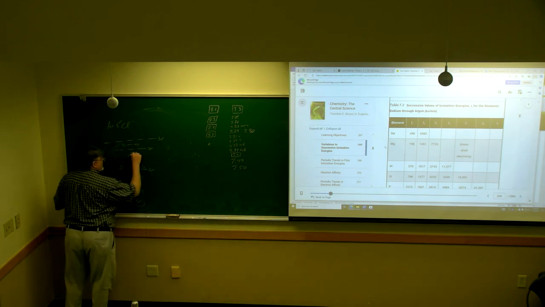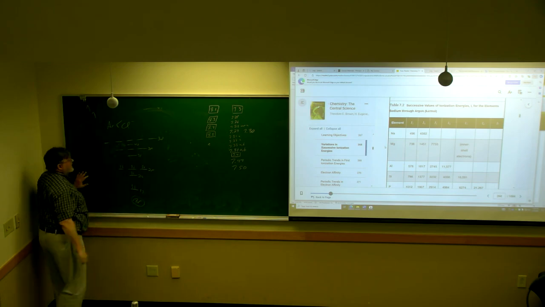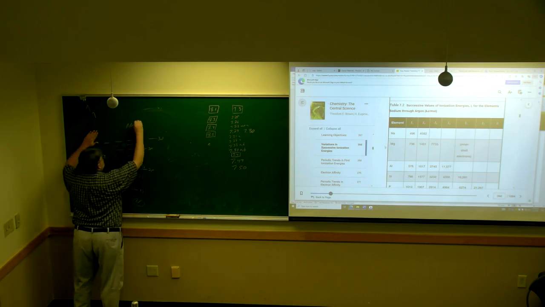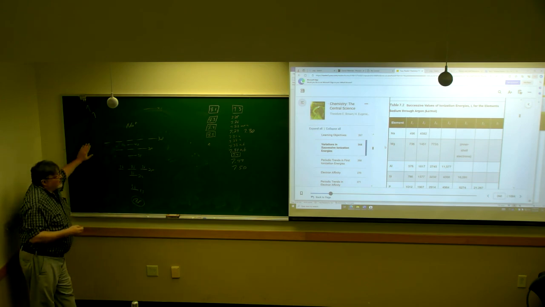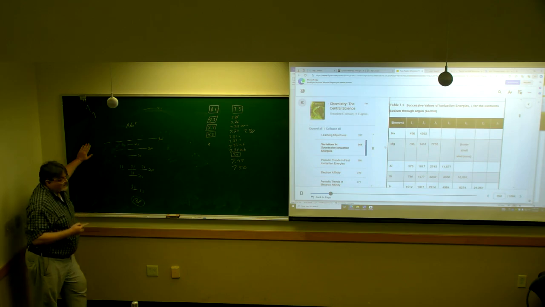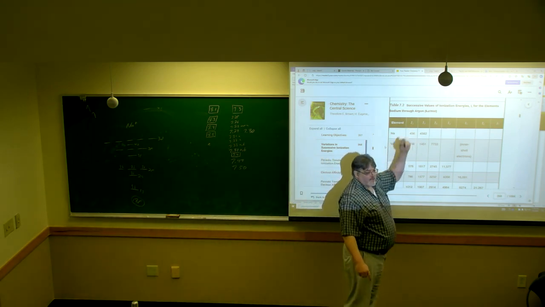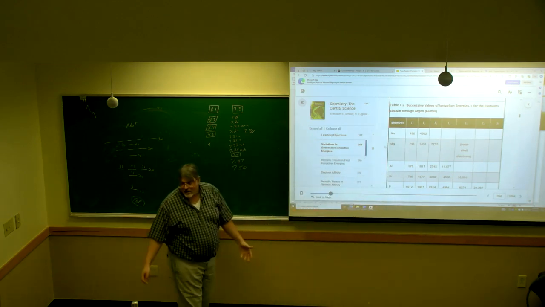You put energy in, and you can push that electron out off into space somewhere, and now you have a Na+. That takes about 500 kilojoules of energy. But look at the next energy. That's called the second ionization energy. So the symbols here are first ionization energy. That's what I've been talking about, and that's the one y'all are familiar with when I say sodium ion.